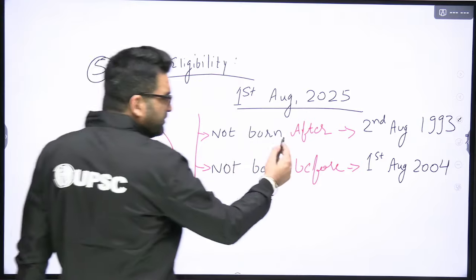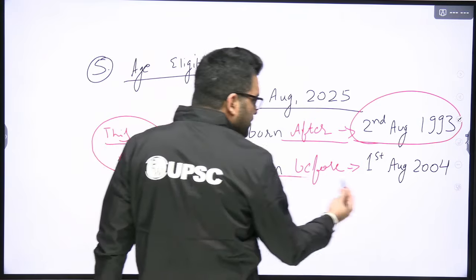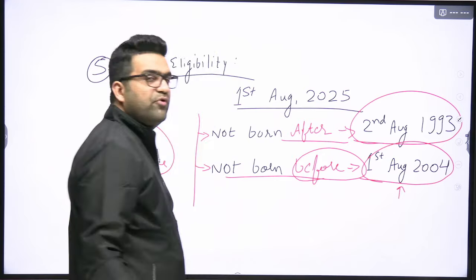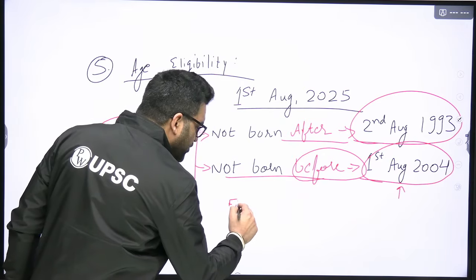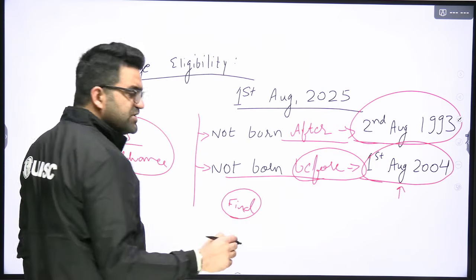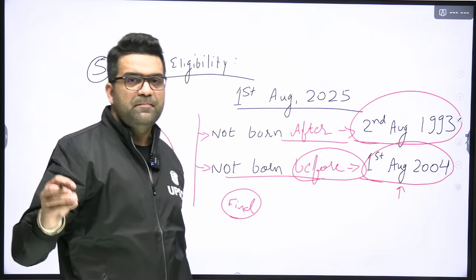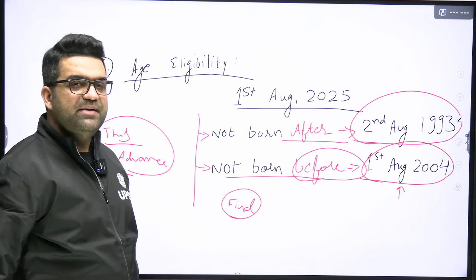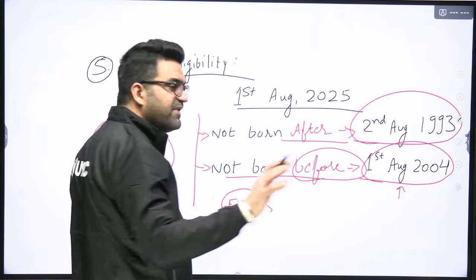Now, you should not be born after 2nd August 1993, and you should not be born before 1st August 2004 in order for you to apply for this year's examination. Even if you are in your final year of college, you haven't yet done your graduation, no worries. You should be able to clear your graduation by the time you appear in the interview. That is December, January next year, right? 2025 December, January.